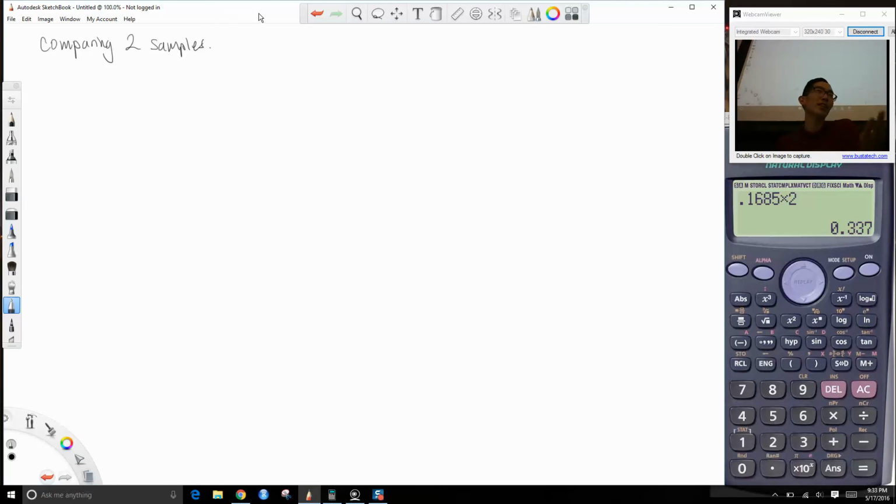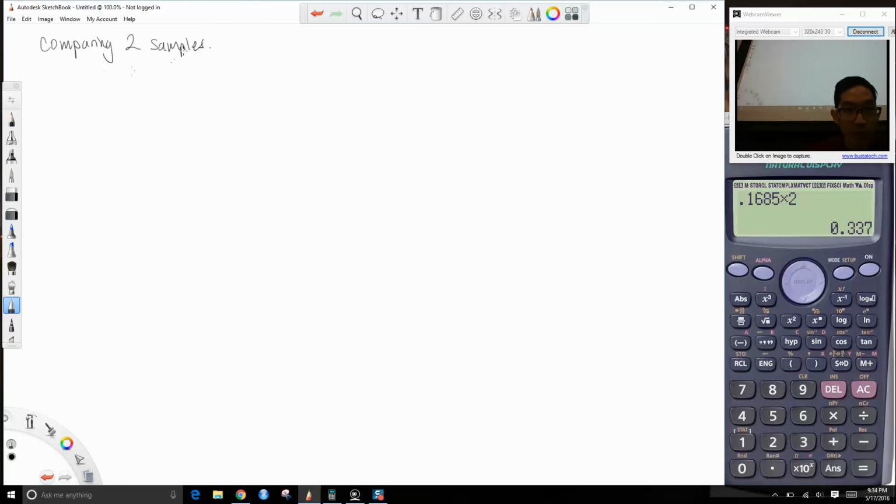Sorry, I chose a dumb example like that, but basically we're just asking, based on what we see in a sample, can we then conclude that what's in the population are different? If sample 1 looks different from sample 2, does that mean the respective populations are different, okay?